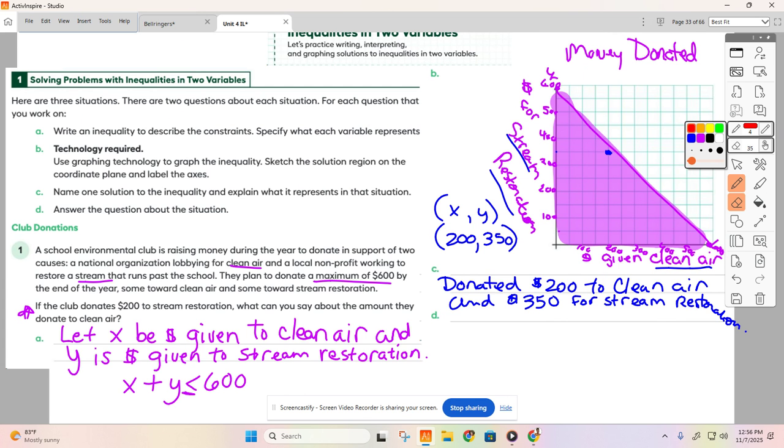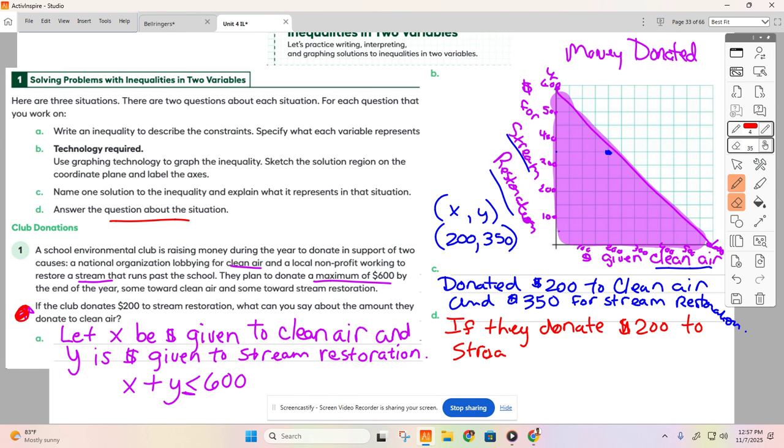All right, our last part, part D, says to answer the question about the situation. Here's the question. If the club donates 200 towards the streams, what can we say about the donation for Clean Air? So for part D, if they donate 200 to streams, how much do they have left?